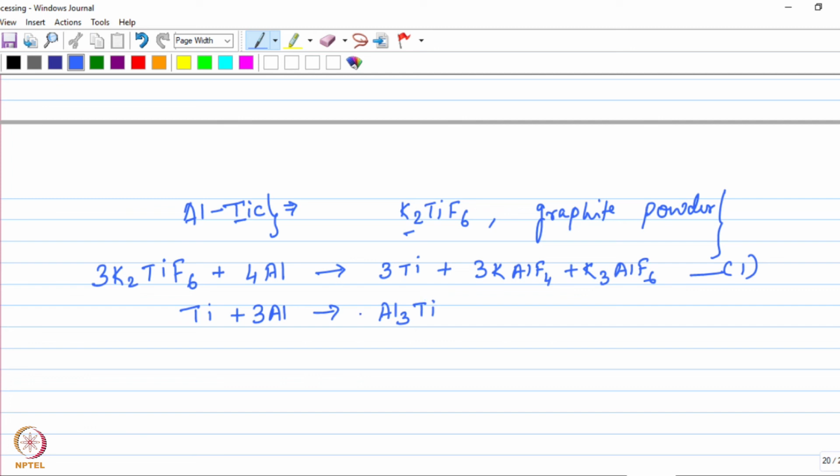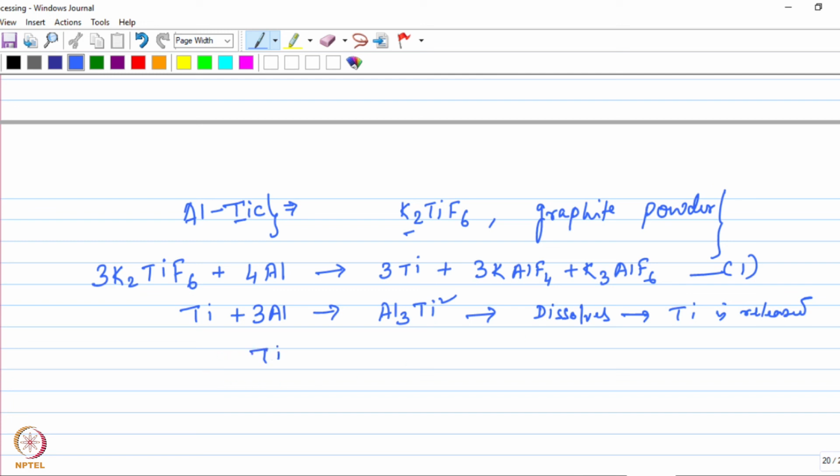And only when titanium is released from this Al3Ti, that means when Al3Ti dissolves and releases the titanium, can it react with carbon to form titanium carbide.